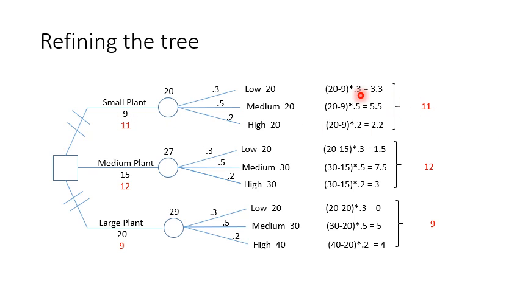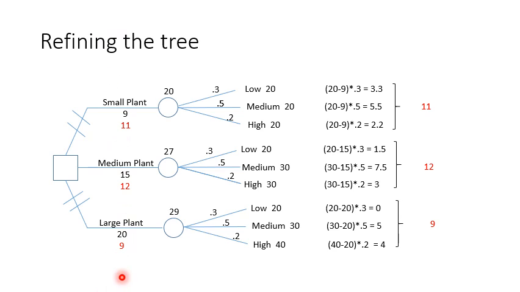So if we're looking at here, we have 11, here we have 12, just as we had before, and here we have 9. Now in the text, for some reason, and I'm not sure why, he takes a slightly different approach to looking at the EMV, especially as it relates to the cost.